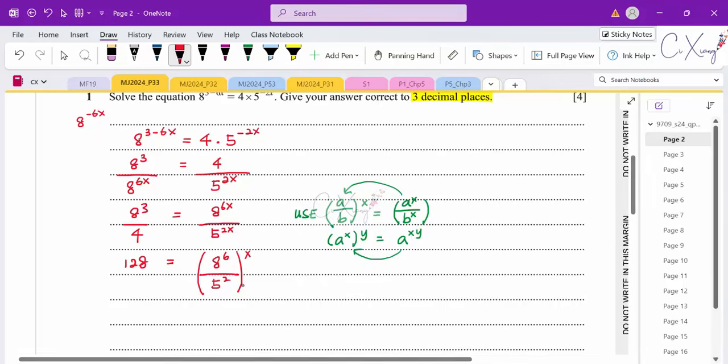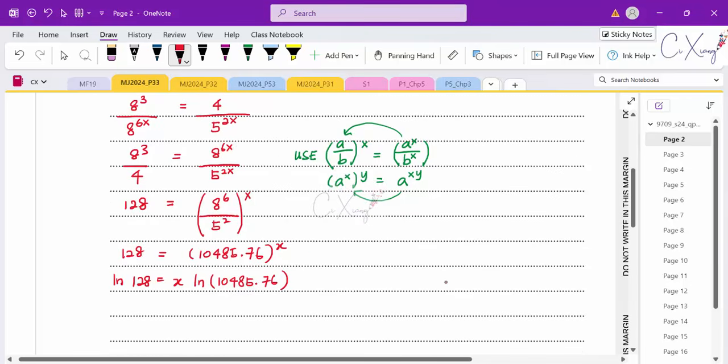If I use the calculator, 8 power 6 divided by 5 squared gives a long value, which is 10485.76, then power x. To get the value of x, I need to take ln on both sides so that I can pull the x in front, and the x now becomes a number.